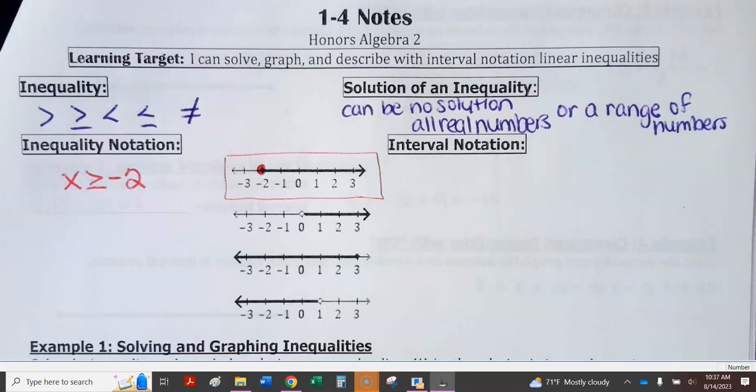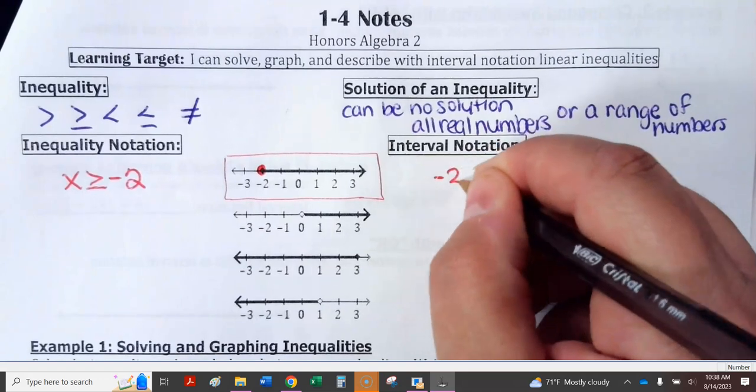Okay. Has anybody in here ever seen interval notation for an inequality? It has like brackets and parentheses? No, maybe. Okay, I'll just do this first one. Whenever you do interval notation, you start with the smallest possible value. For this graph, the smallest possible value we can have as part of our solution is -2.